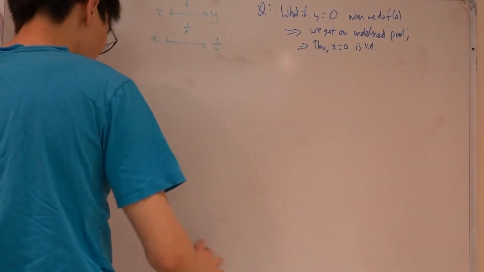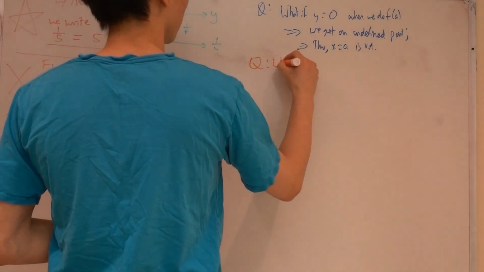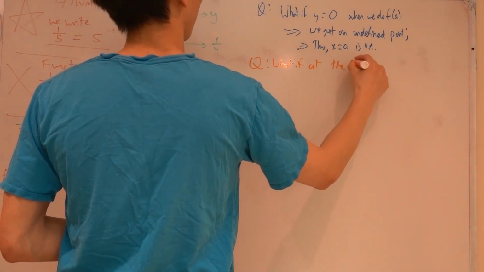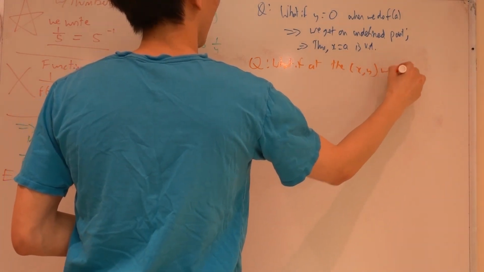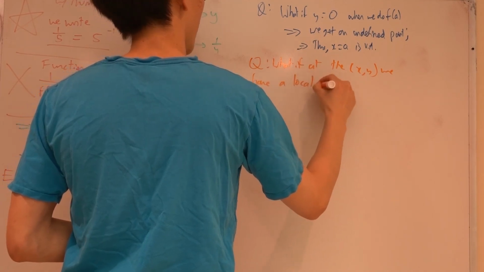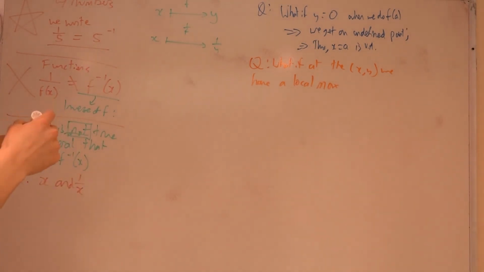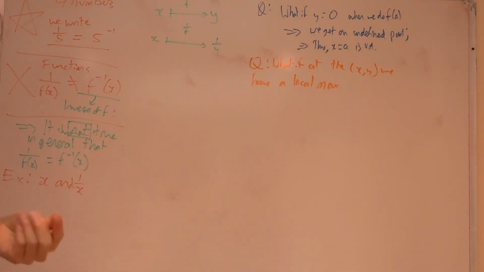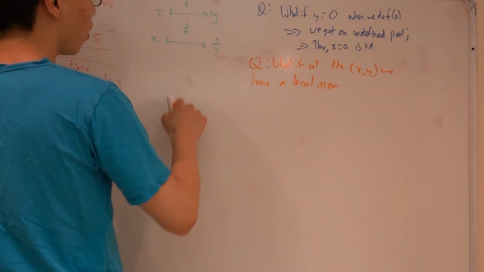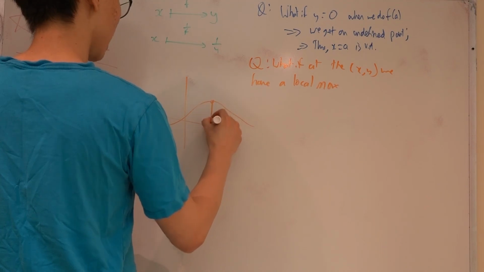Alright, here's another question. What if at the point x, y we have a local max? Okay? Then what happens? Okay, so what does a local max mean? It means that in a neighborhood around the point, so again we have our function here, so let's say we have a point here.